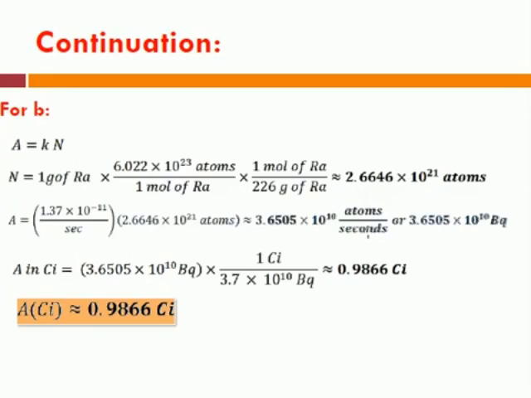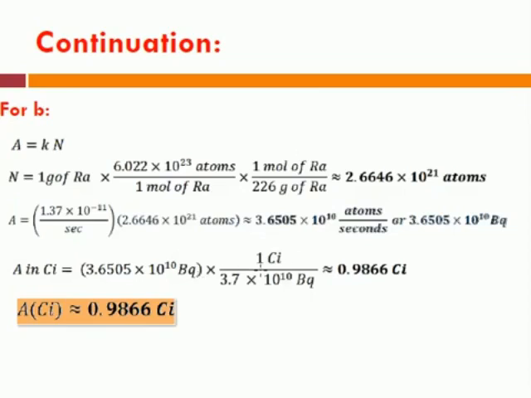Or 1 atom per second, that is atoms per second is equal to becquerel. So you can also write your answer as 3.6505 times 10 raised to 10 becquerels. But we're being asked the activity in curie. So 3.6505 times 10 raised to 10 becquerel.